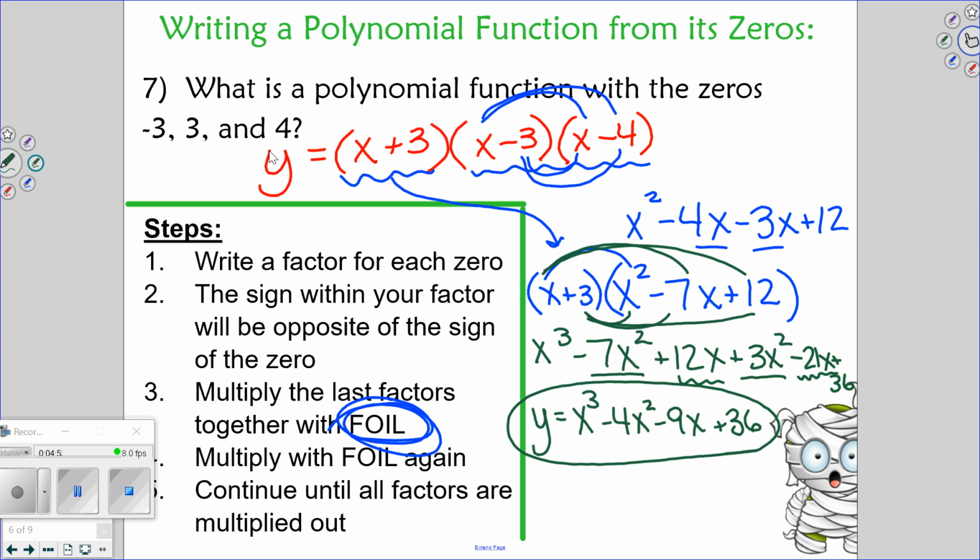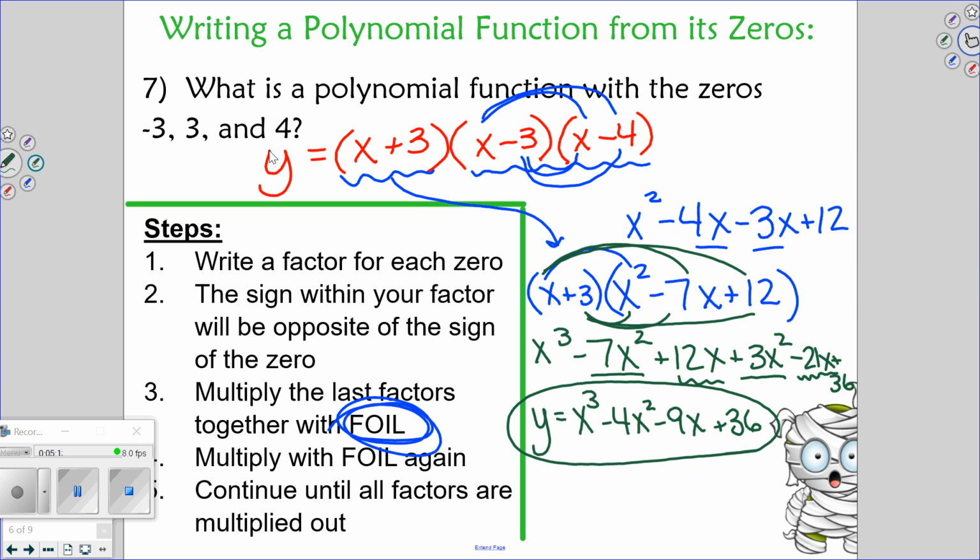Now, here's what I love about these types of problems. Obviously, I hate the fact that if you messed one sign up, the whole thing's wrong. But the good thing is, could you grab your graphing calculator and graph that? And then if I graph it, where should it cross the x-axis? So guys, that's my suggestion.